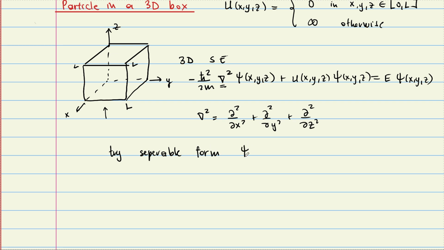I'm going to write psi of x, y, z as a function of x, which I call f, a function of y, which I call g, and a function of z, which I'll call h. Is it an assumption? Yes, right now it is an assumption.